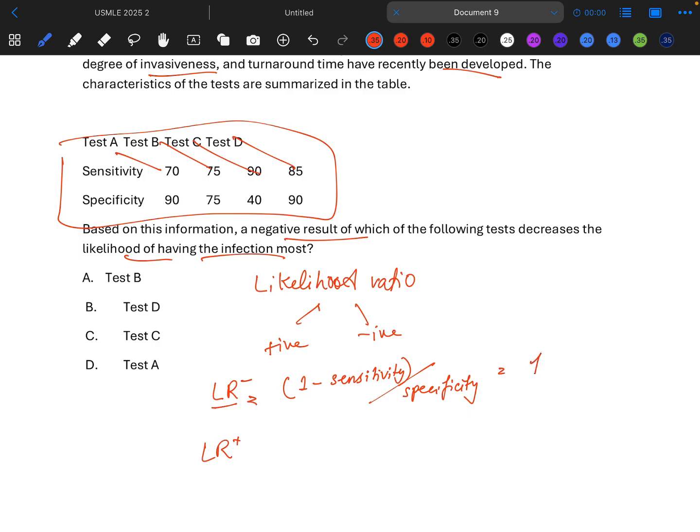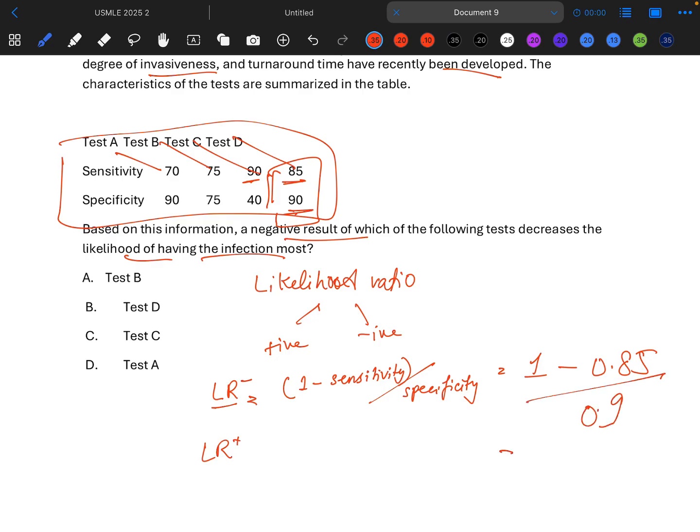First we talk about the likelihood negative in this scenario. The test with a sensitivity of 85 or 90, and a specificity of 90, is the more accurate test.